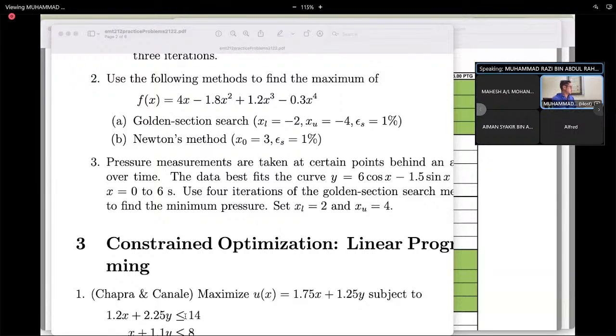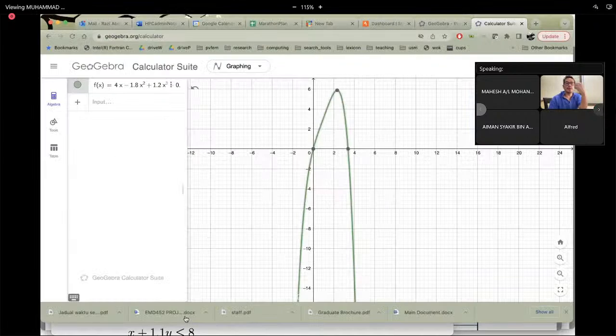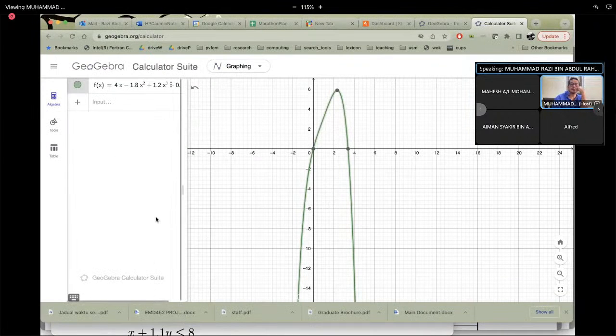Since we have to stop now, let's see in this online calculator.